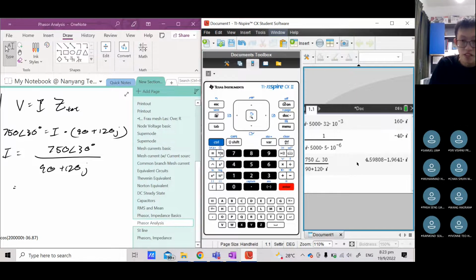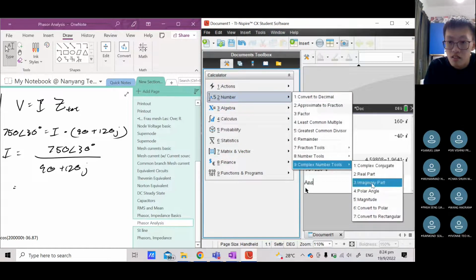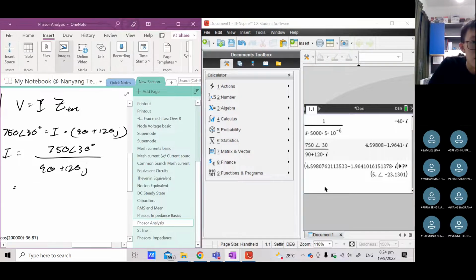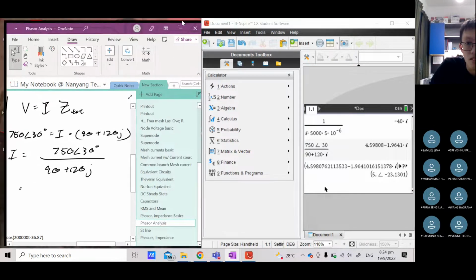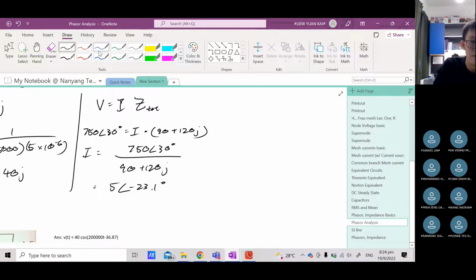We want to change it to a phasor form. So that means we have to convert this to polar. So you take your answer and convert it to polar form. We get 5 at an angle of negative 23.1 degrees. So this is our phasor form.